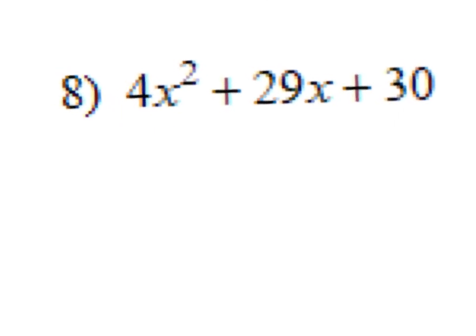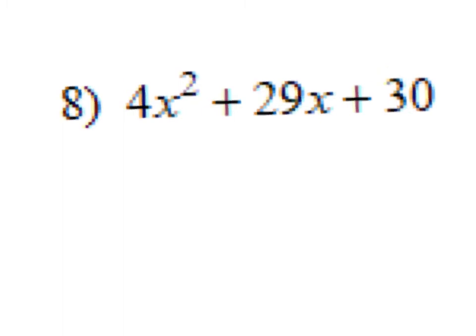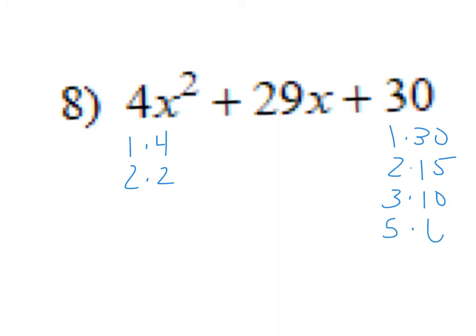Okay, so on this one, again, unfortunately, there's no GCF. So I'm going to have to go ahead and make a list. So I've got 1 times 4, 2 times 2, okay, 30. I got 1 times 30, 2 times 15, 3 times 10, 4 doesn't divide unevenly, 5 times 6.